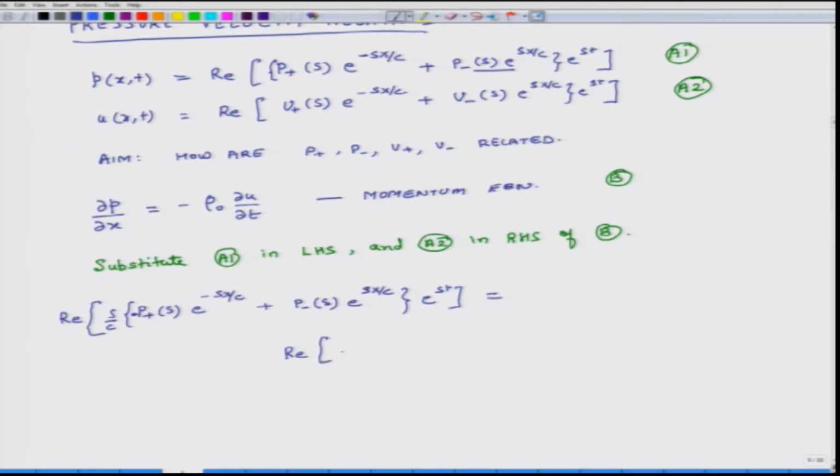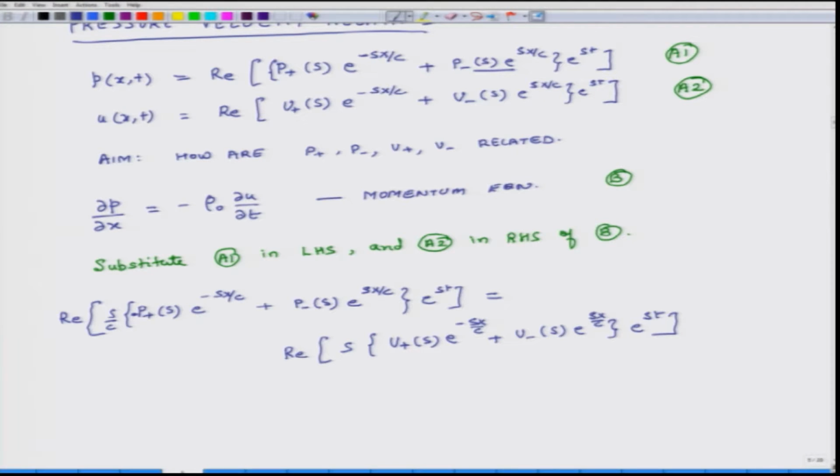real of s times U plus, which depends on s, e to the power of minus s x over c plus U minus e to the power of s x over c, times e to the power of s t, because what I am doing here is I am differentiating equation A2 with respect to time.